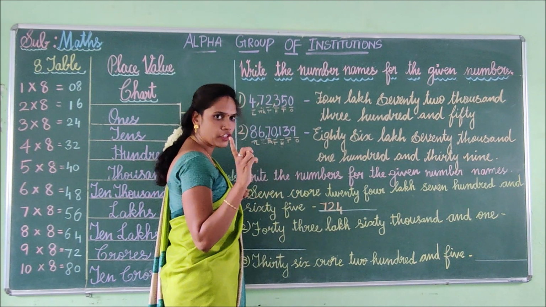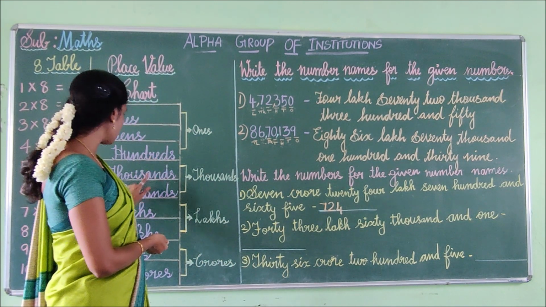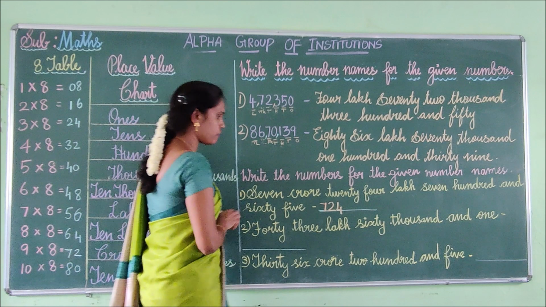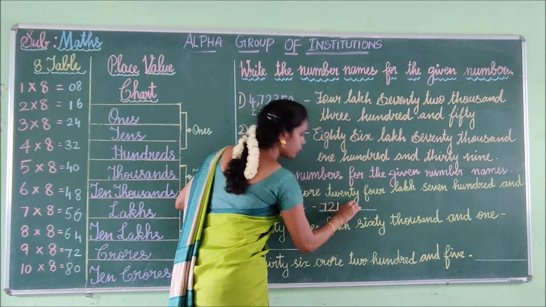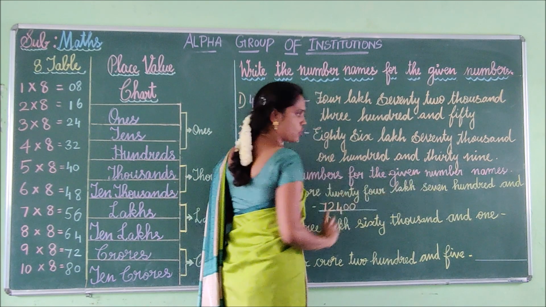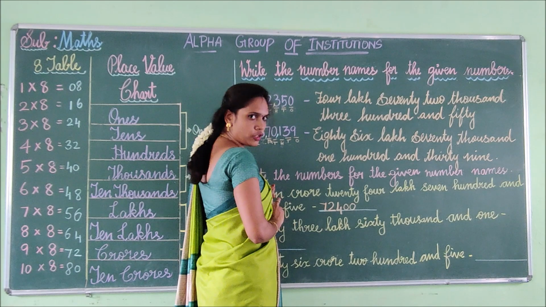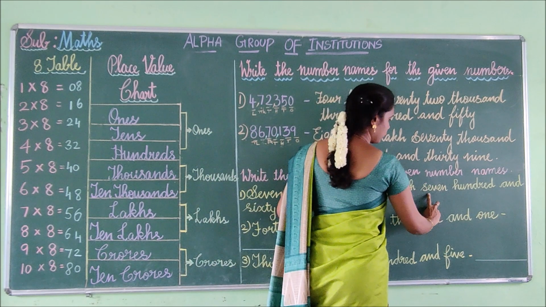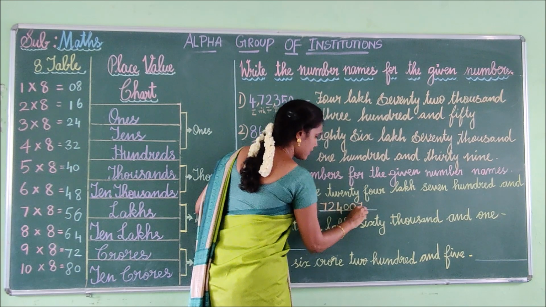How many zeros? See here, you have the 10,000 and 1000 places, so instead of that you have to put two zeros, because here 1000 is not there. Next, 100. How many 100s are here? 700.